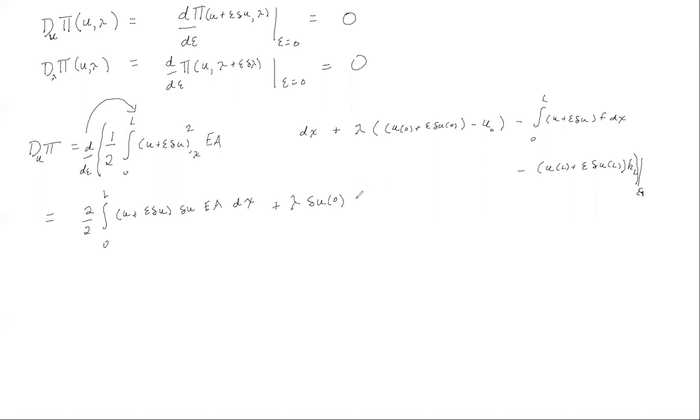And then we get the integral 0 to L of delta u f dx minus delta u at L h sub L. Those cancel, and then we want to set epsilon equal to 0.